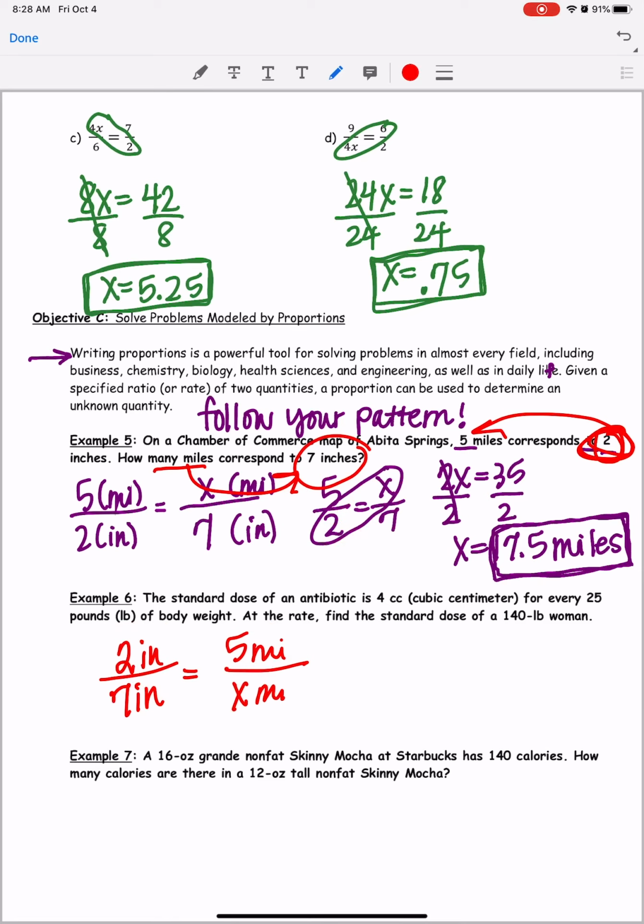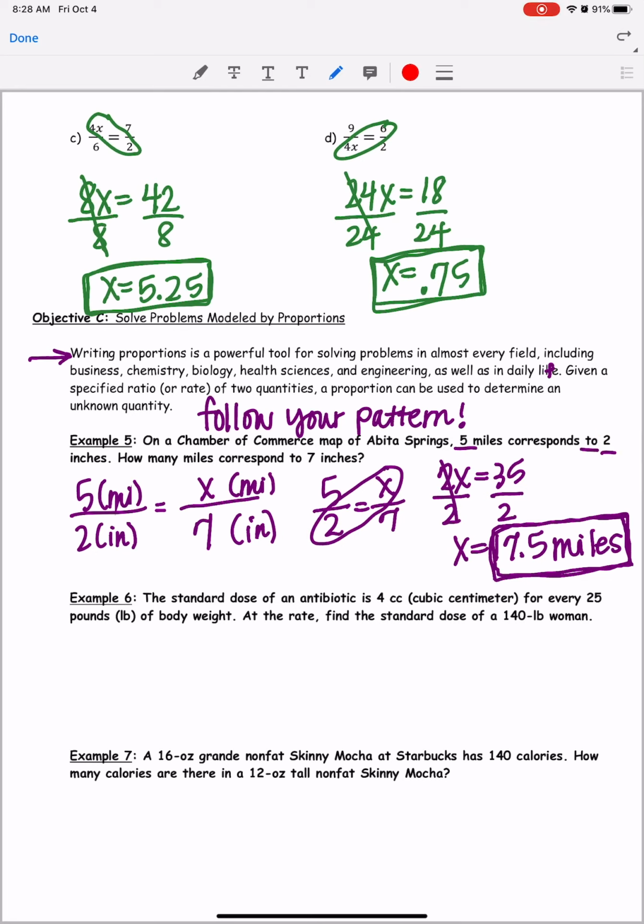Okay, we could have also switched this up. And instead of doing 5 over 2, I could have done 2 over 5. So I could have done 2 inches over 5 miles. So then I would have had to do 7 inches on the top over how many miles?